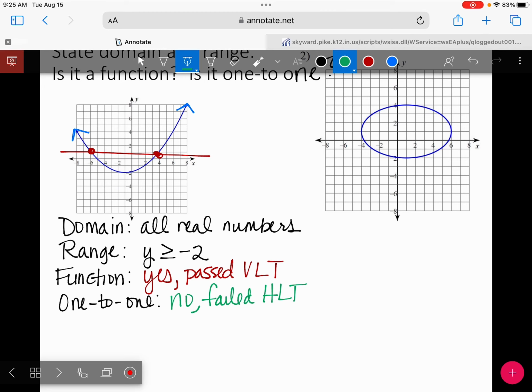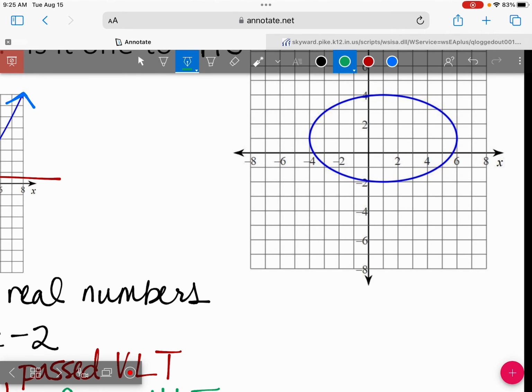Now question 2 doesn't have any arrows, so it doesn't have a domain or range of all real numbers. So for my x, this graph goes from -4 to +6.